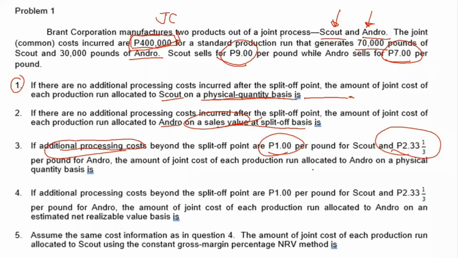So ang tanong ulit, magkano yung joint cost allocated using the physical quantity basis? So number 4, ganun din. Pero ang gamit natin ay NRV. Sa number 5, ganun din. Pero ang gamit natin ay constant gross margin approach. So in this problem, gamitin natin yung sinuggest natin kanina na iba't ibang allocation basis. Okay.